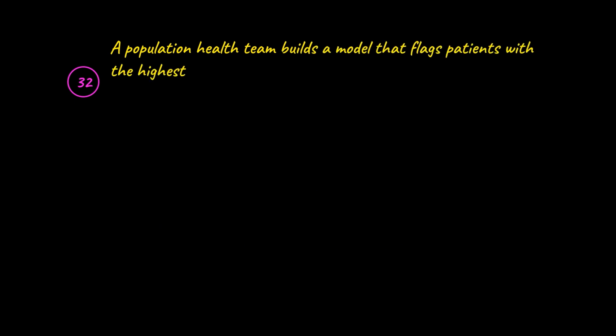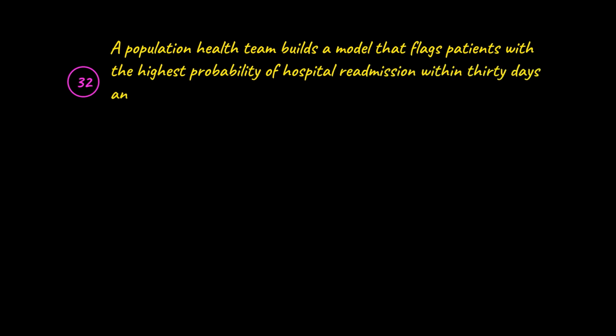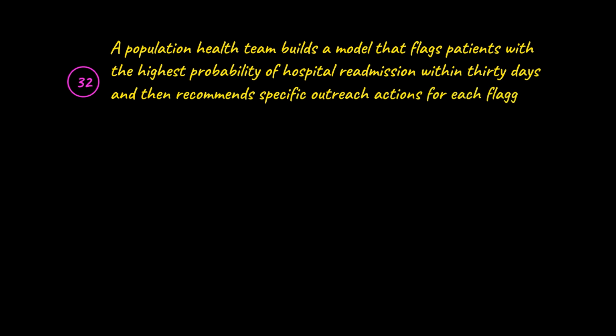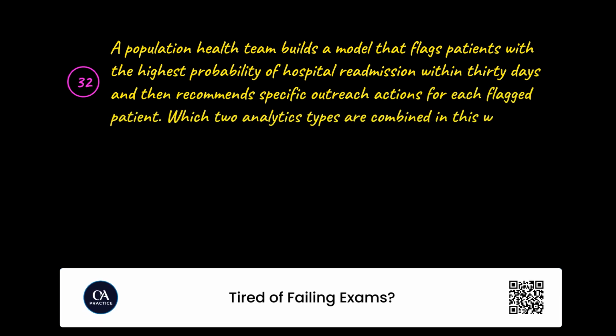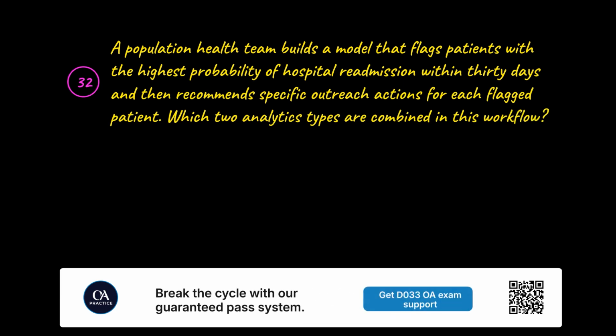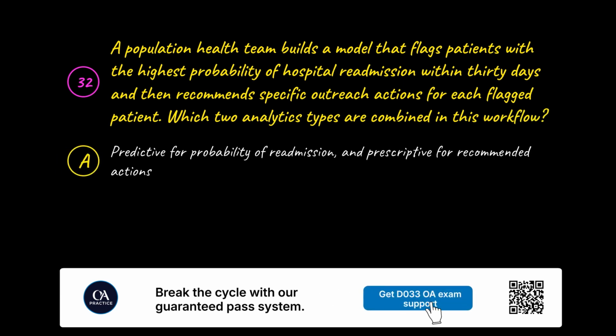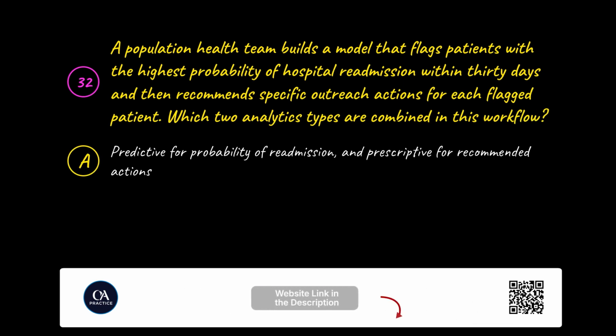Question 32. A population health team builds a model that flags patients with the highest probability of hospital readmission within 30 days, and then recommends specific outreach actions for each flagged patient. Which two analytics types are combined in this workflow? Your options are A. Predictive for probability of readmission and prescriptive for recommended actions.